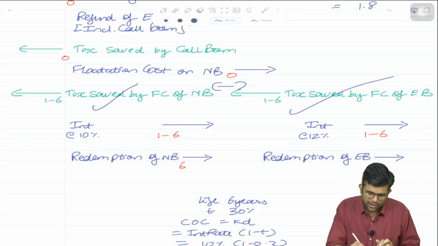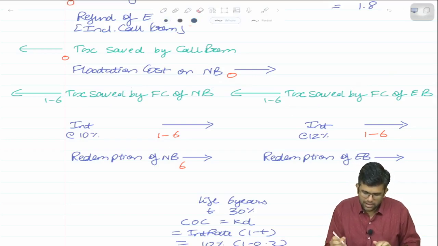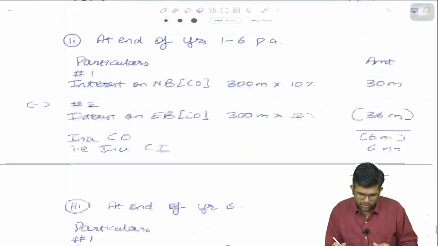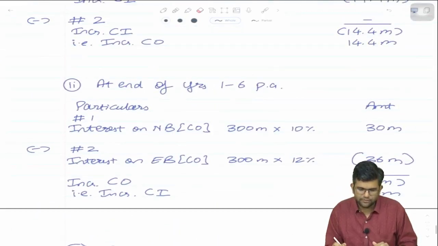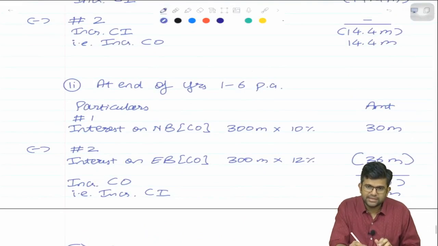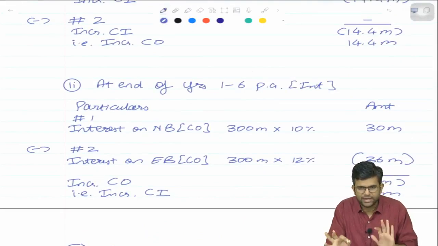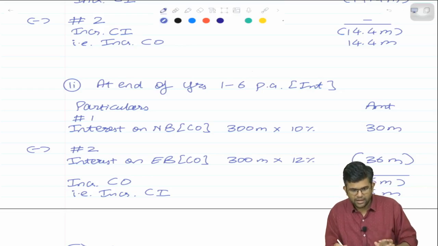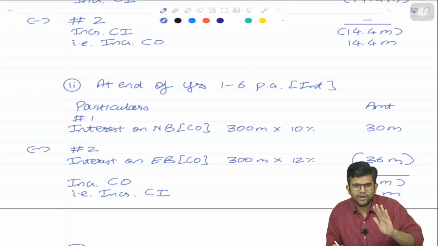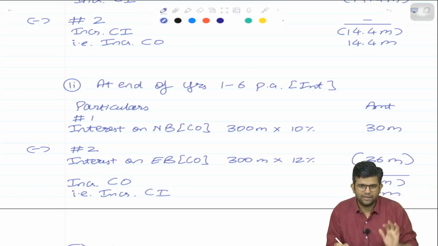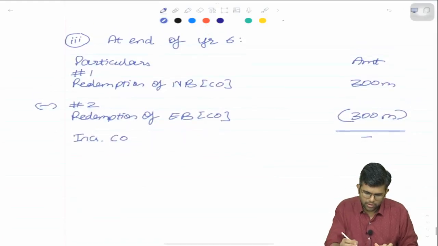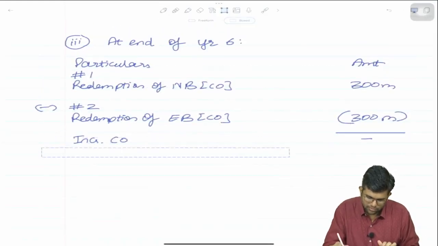So what I will do is, I will go down here, and we had written, end of years 1 to 6. This end of years 1 to 6, let us restrict it to interest only. We will not disturb this. And I will do again at end of years 1 to 6 for the tax saving part. Everybody clear? For the tax saving part. So I will pull this thing down.